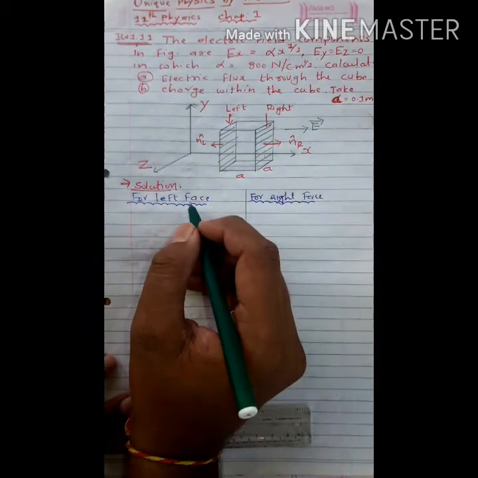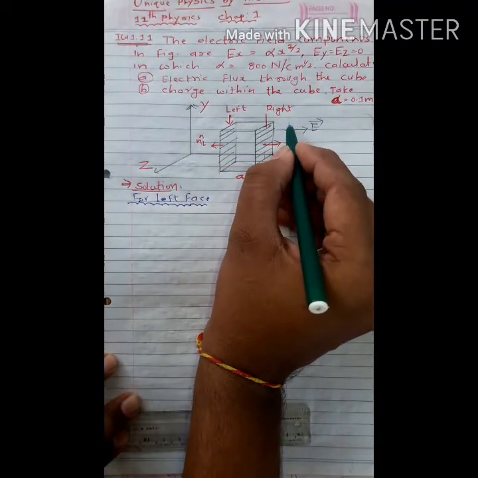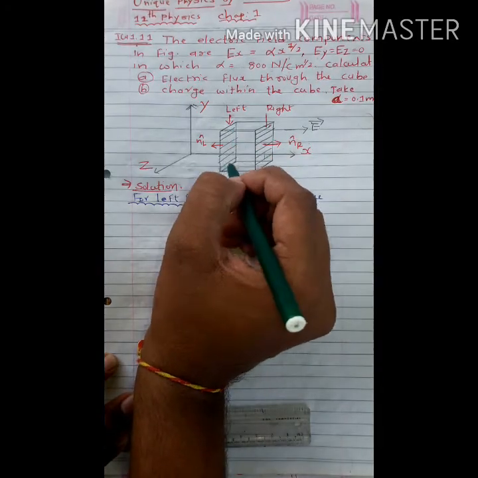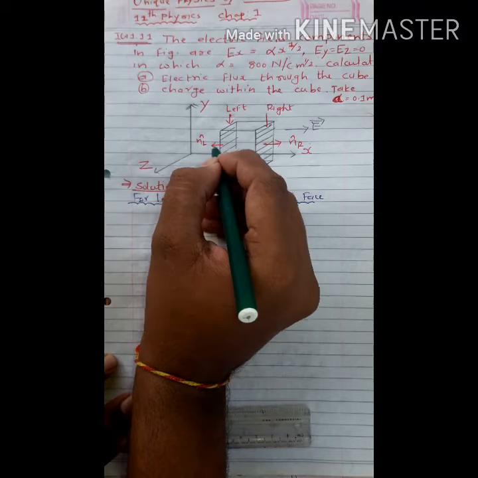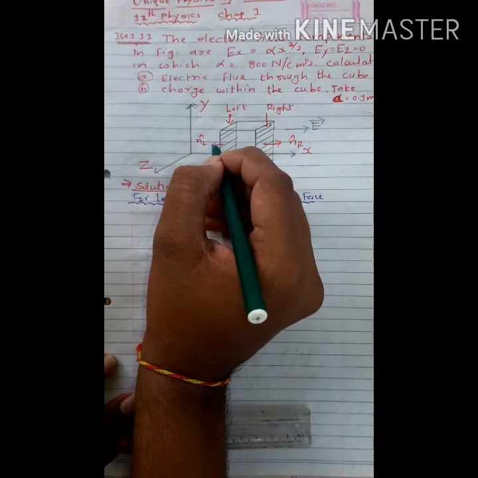So for the left surface, see this figure very carefully. The electric field is prevailing in the plus x direction, and this is our left face. The area vector of this left face is in the minus x direction.